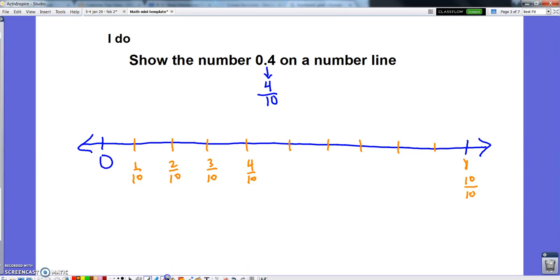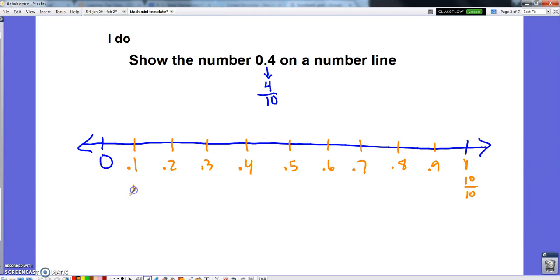Or, probably more precise, is to put the decimals. Since we're dealing with the decimal, we're putting the decimal on there. It's going to be 0.1, 0.2, 0.3, 0.4, 0.5, 0.6, 0.7, 0.8, 0.9, and then 1.